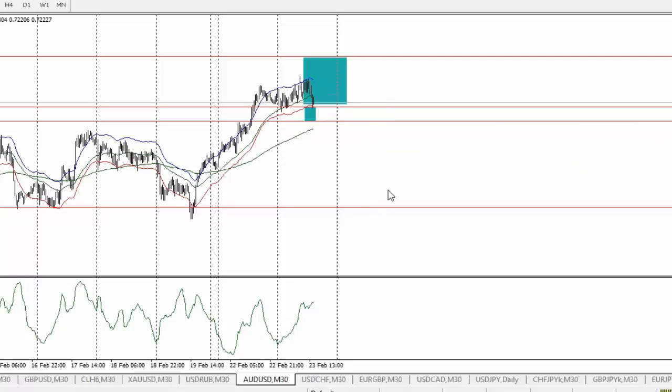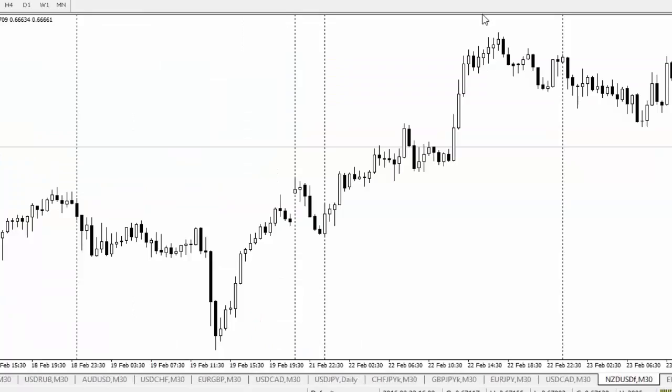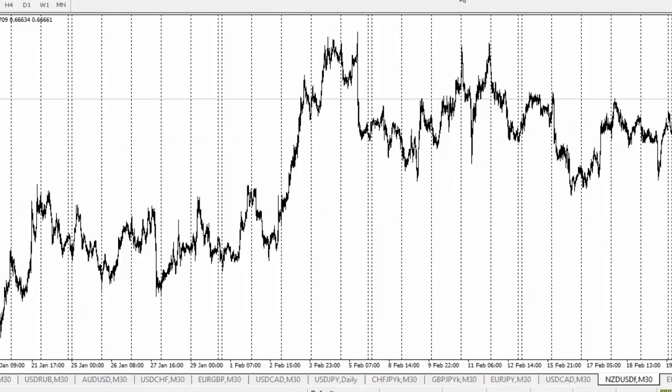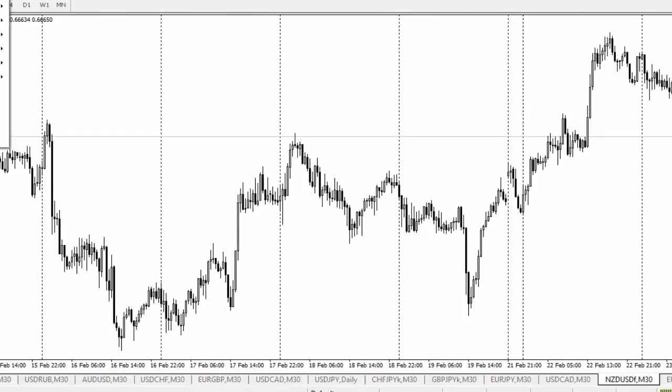Okay, so let's see what happens on the next day. New Zealand dollar. Okay, let's go through the New Zealand dollar. Well, it's not very good because the pullback is very deep here. I don't need even moving average to see that the pullback is very deep.